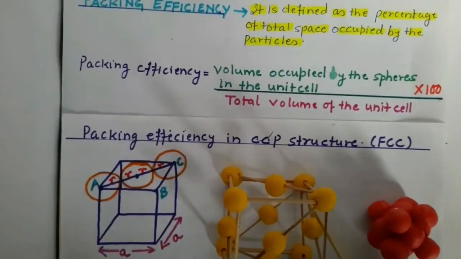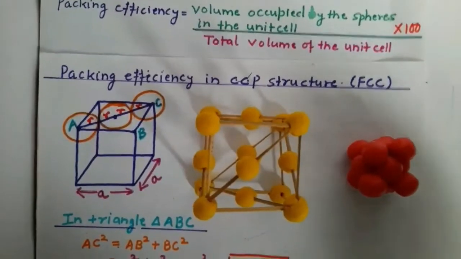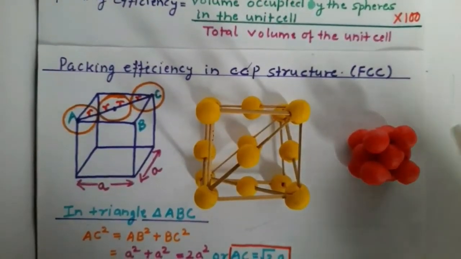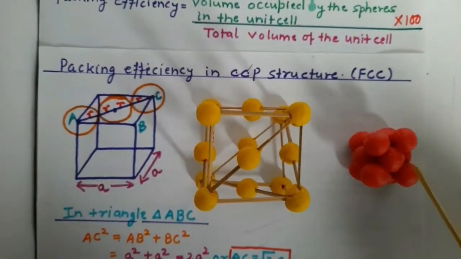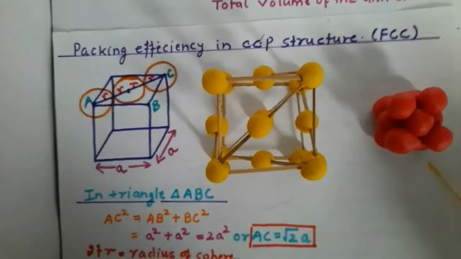Now let us calculate the packing efficiency. This FCC unit cell is formed as a result of CCP, cubic close packed arrangement. Let us see with the help of a model. This ball represents the first layer, this is the second layer, this one is the third layer, and this is the fourth layer.